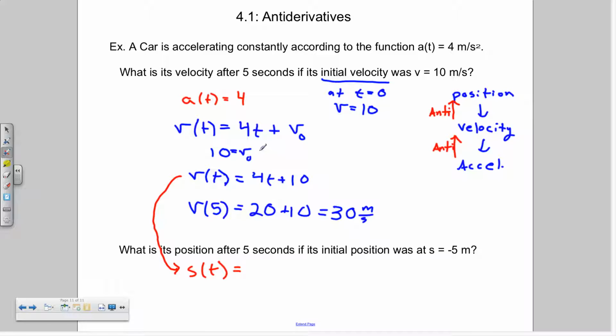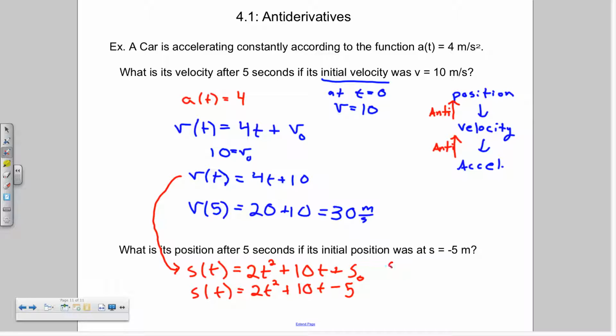The antiderivative of v would end up being 2t squared, because the antiderivative of 4t is 2t squared, plus the antiderivative of 10 is 10t, plus c, or initial position, s naught, s sub 0. So our full position function would be s of t equals 2t squared plus 10t minus 5.